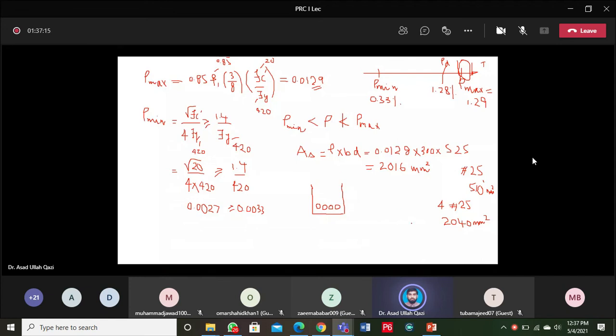So even if I want to check in my actual section, which I will execute, my area in the cross section will be 2040, and divided by, if my cross section has the effective depth as calculated theoretically, 525. So then how much rho in the actual beam? It will be 2040 divided by 300 into 525.